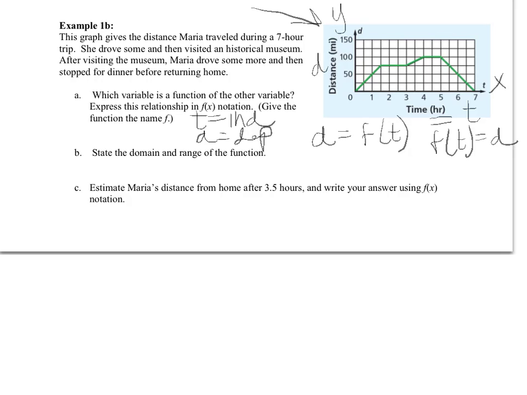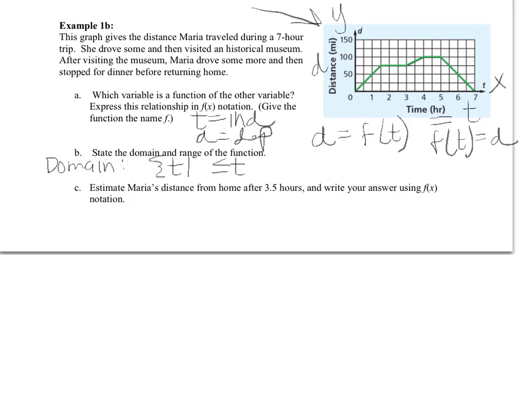Now they want us to state the domain and range of the function. The domain is the x-axis, so in this case it's the t-axis. On a graph, we use set builder notation for domain. So brace, t such that t is greater than or equal to 0, because this graph starts at 0.